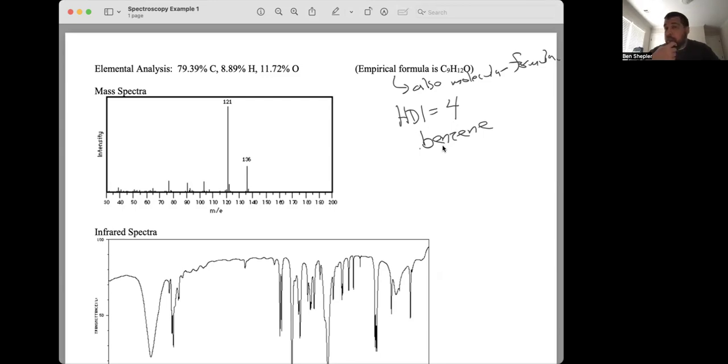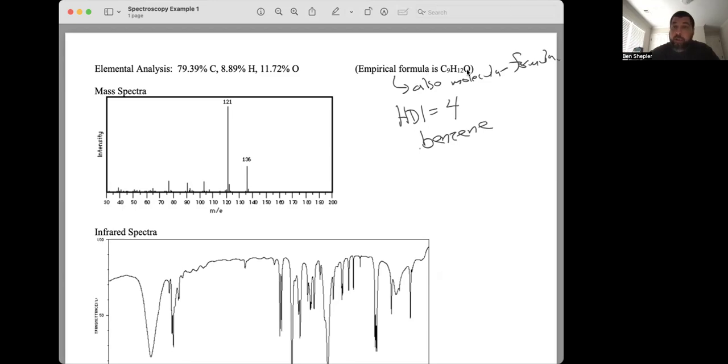So when I'm trying to come up with my formulas, I like to keep track of my formula. Every time I figure out what one of my functional groups is, that uses up some of my atoms. And so once I figure out what all my pieces are, it makes it easier to put together.